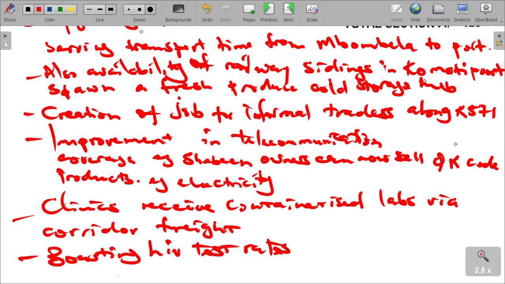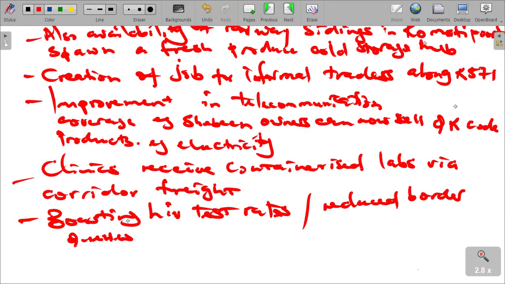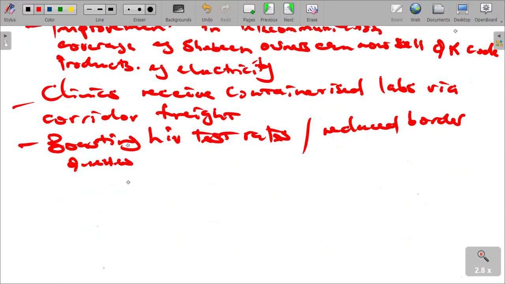Reduced border queues. Reduced border queues are also advantages that we can give in this case.